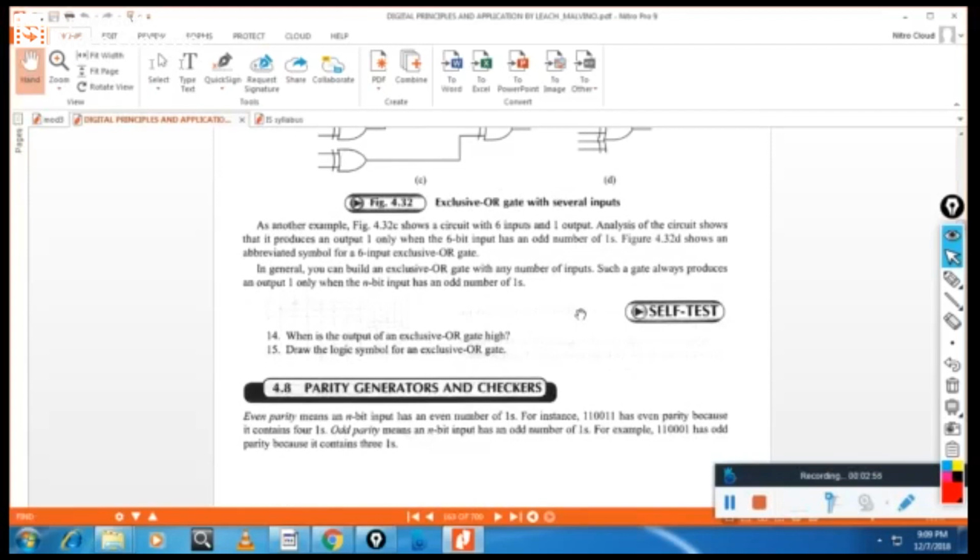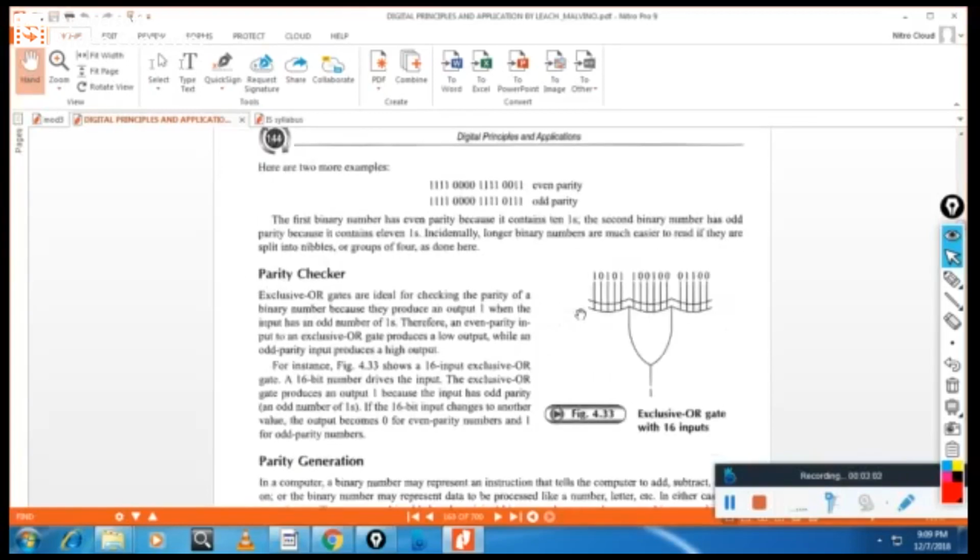So what is parity? Parity indicates the number of ones in a word. For example, if it contains an even number of ones, then it is called even parity. If it contains an odd number of ones, then it is called odd parity.